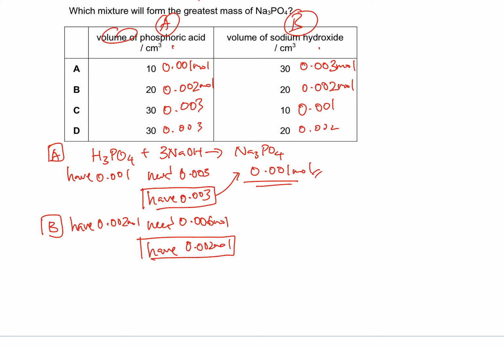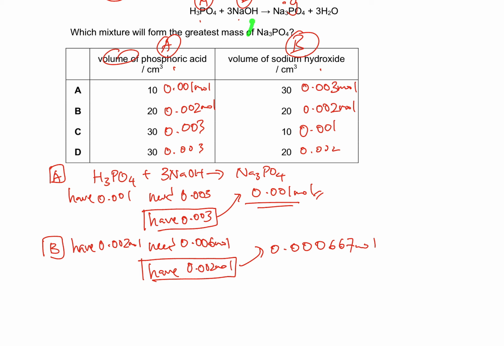So I use this for my mole ratio. And therefore this one over here is 0.002 divided by 3. Remember, no fractions, please. 0.667. So already, the question says which one formed the greatest mass.